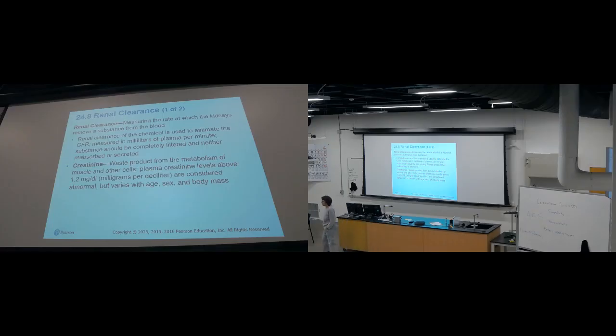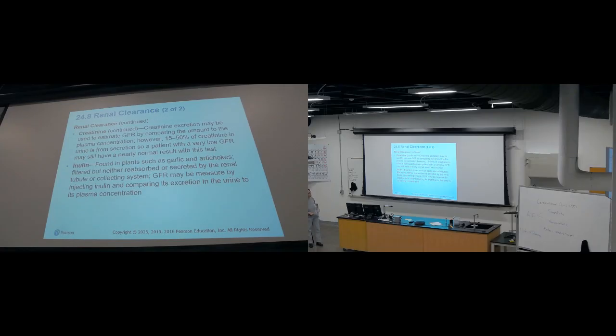But this can vary depending on age, sex, and body mass. Typically, people who have greater body mass will have greater levels of creatinine, and males do have greater levels of creatinine in the blood. And then indirectly, the renal clearance helps you to tell whether you are filtrating or not. So this measures the GFR, glomerular filtration rate.